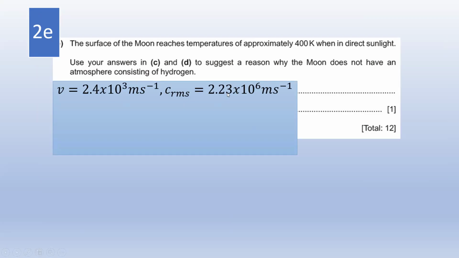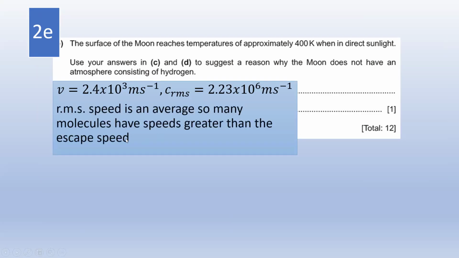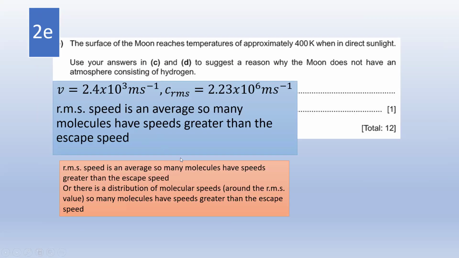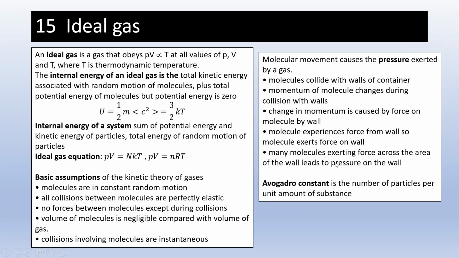This is the so-called mean value of the speed of the molecules. So root mean square speed is an average, so many molecules have speed greater than the escape velocity. So they will be able to escape. Okay, these are alternative answers. These are ideal gas topics that you have gone through, so if you have time, review them.